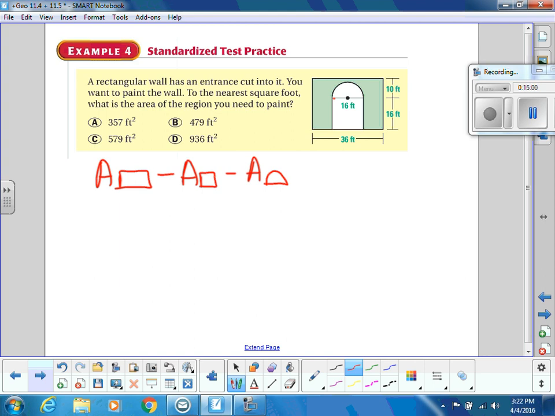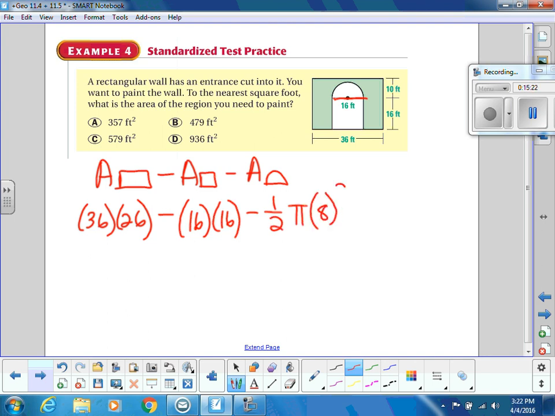All right, so the rectangle is 36 by 26. The square, I'm assuming that 16 is that whole diameter, so it looks like the square is 16 times 16. And then the semicircle would be 1/2 pi r squared, and the radius would be 8.